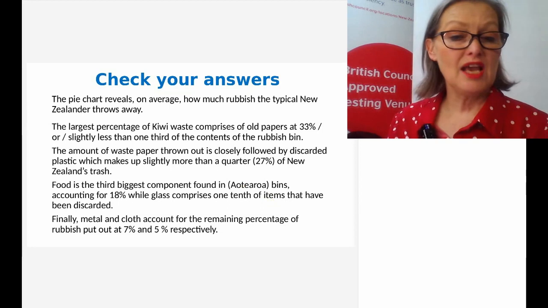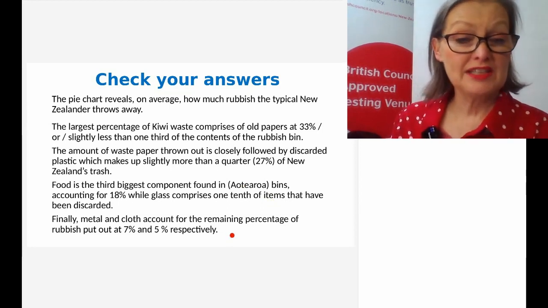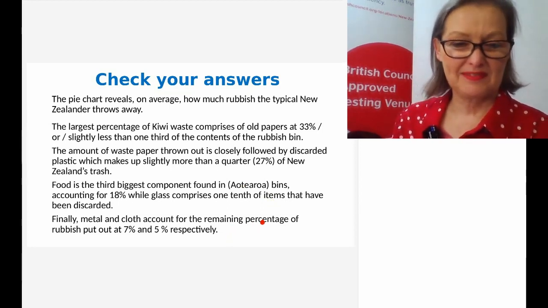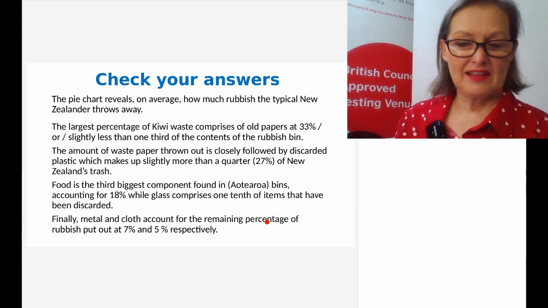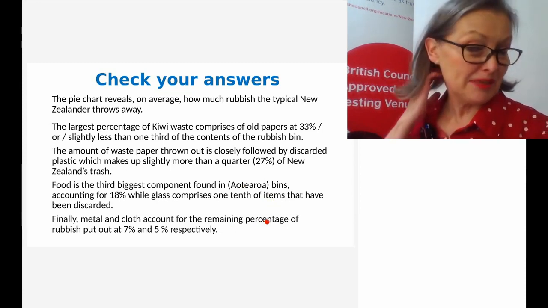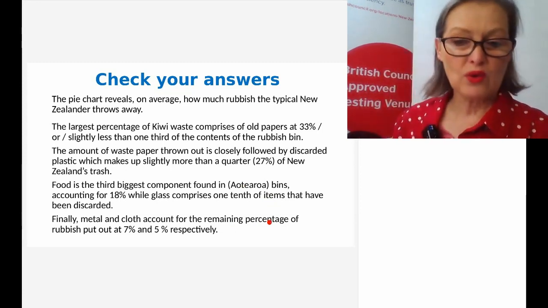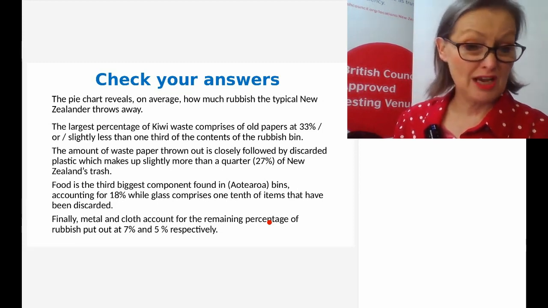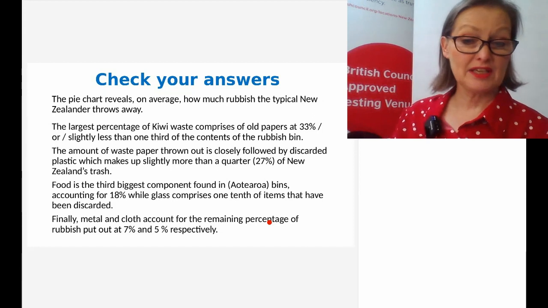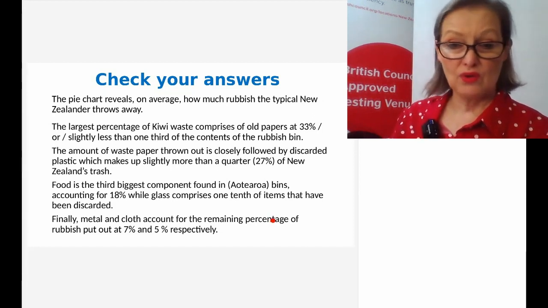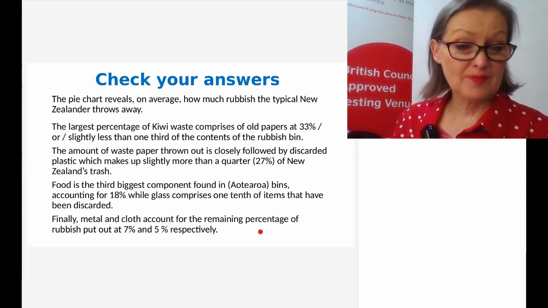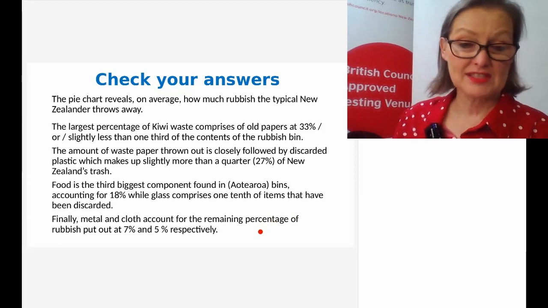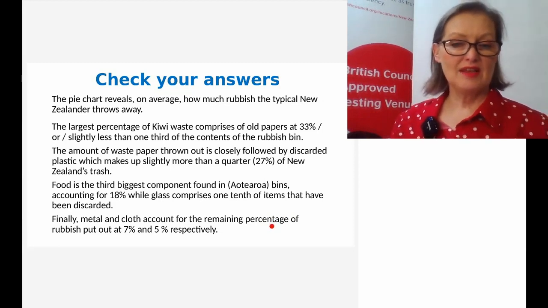There's my linker, and we'll look further at those in the next lesson. And once again, finally, metal and cloth account for the remaining percentage of rubbish put out. Or I could say simply account for the remaining percentage at 7% and 5%.